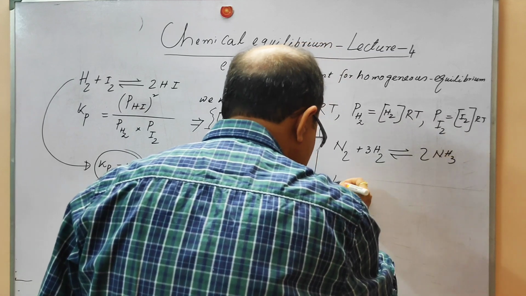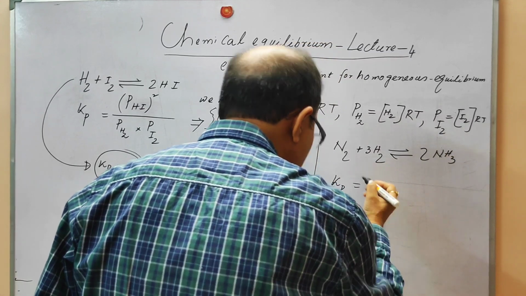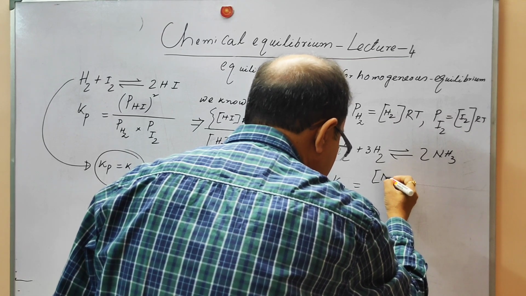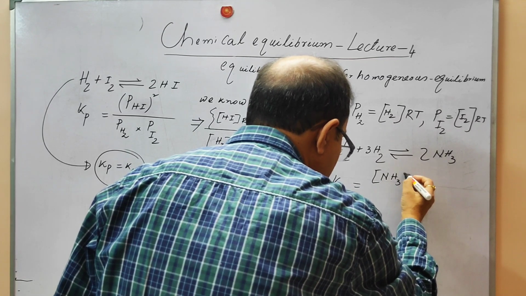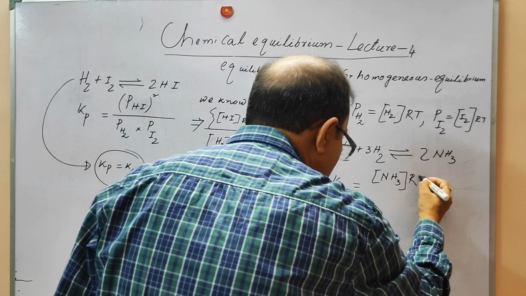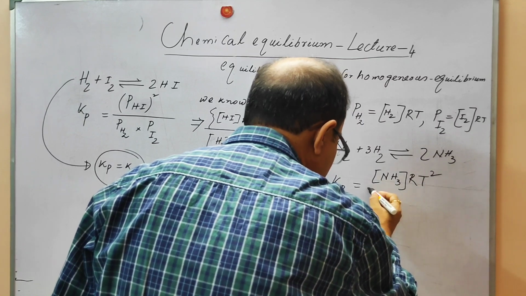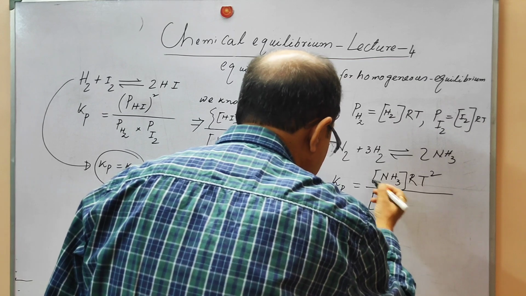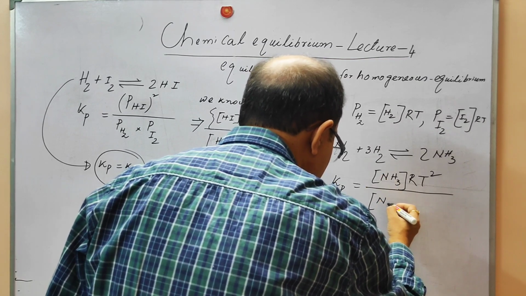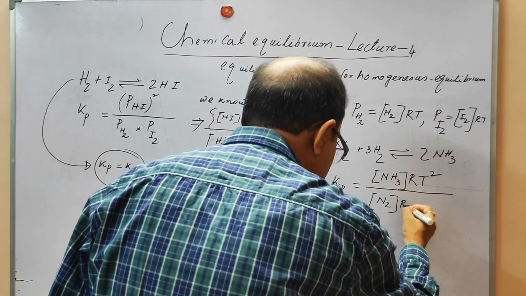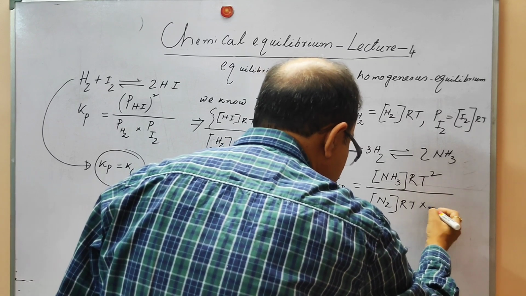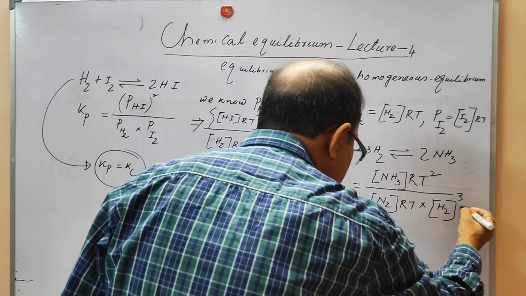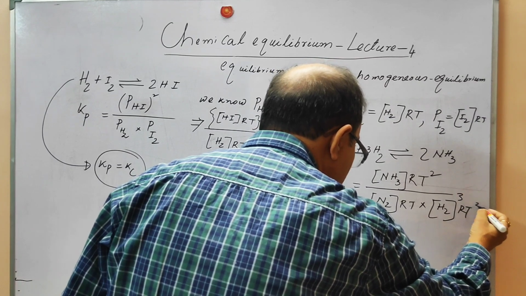For this, Kp will be, if we take the concentration of NH3 into RT squared, divided by the concentration of N2 into RT and the concentration of H2 the whole cube into RT cubed.